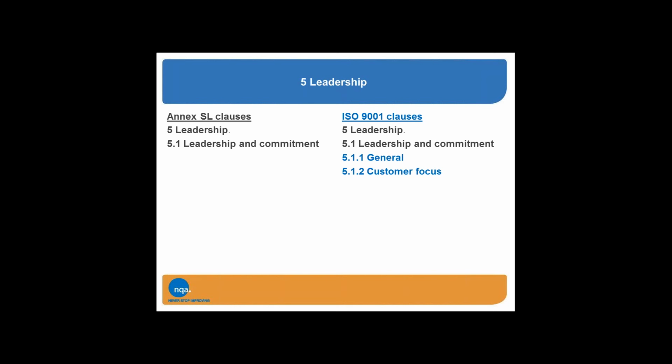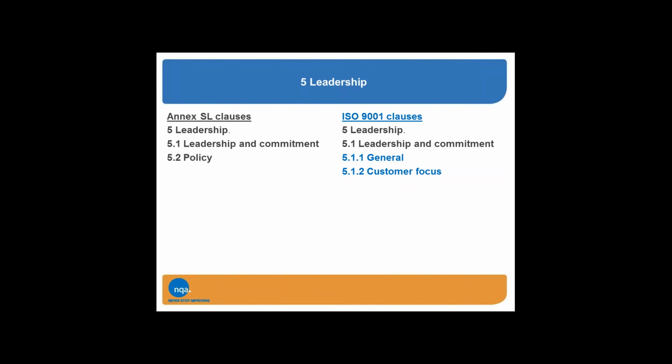However, we have some subclauses here, and this is partly an editorial thing that the 9001 standard writers have introduced, but also in 5.1.2 we have this subclause on customer focus. That is specific to 9001. And again, you're probably thinking, well, that's in the 2008 standard, and indeed it is. I think, however, there's an enhanced emphasis on it in the 2015.